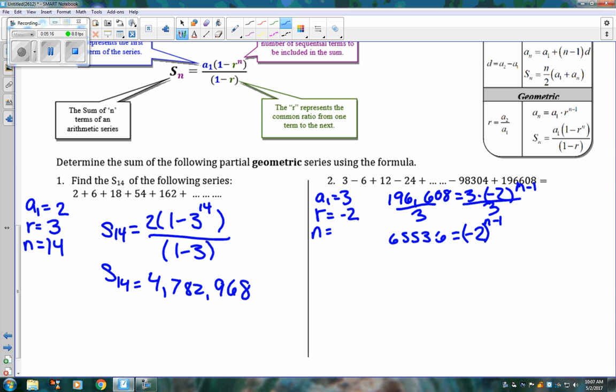Or rewrite this number to have the base of -2. I don't think these calculators will do base -2. You have to do log of that divided by log of -2. Or rewrite it with the right base. It's -2, by the way, raised to the power.